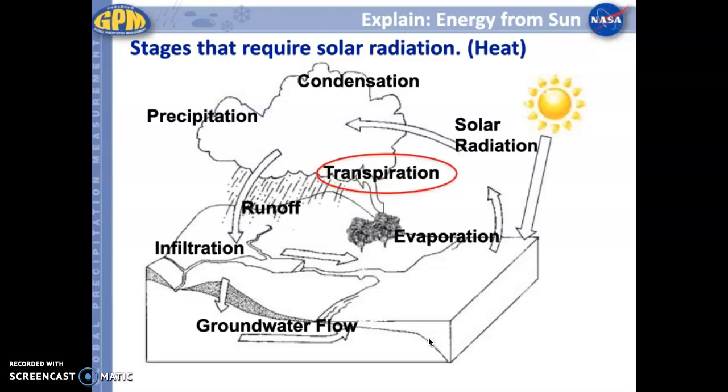The first is transpiration, which is evaporation of water from the leaves of plants. And the second is evaporation, the change in water from a liquid to a gas. For both of these, the sun's energy is going to heat up the water molecules and they'll start to spread out and eventually they will rise up.